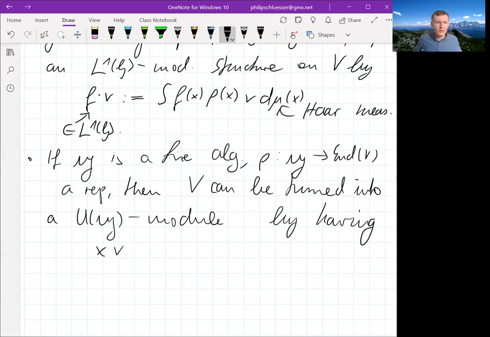Well, UG as an algebra is still generated by all of the objects in the Lie algebra G. So if we define how the Lie algebra acts on our vector space, we can just extend it to the whole universal enveloping algebra. We can just define what this thing does with vectors, and the answer is, well, just use the representation.